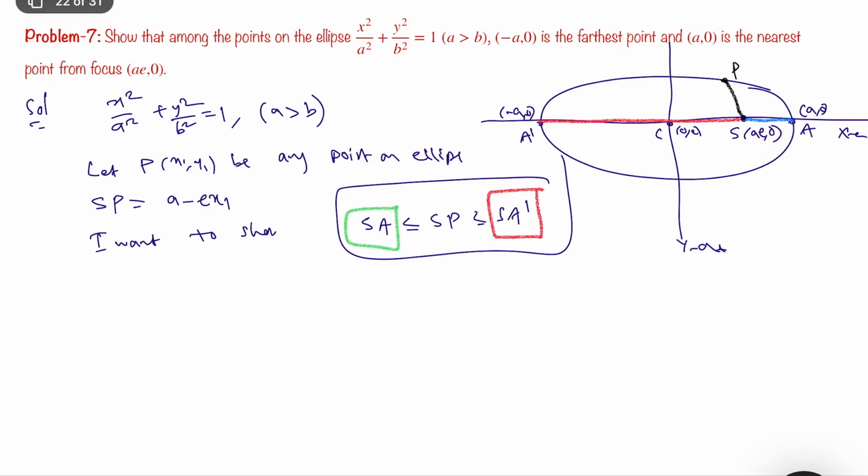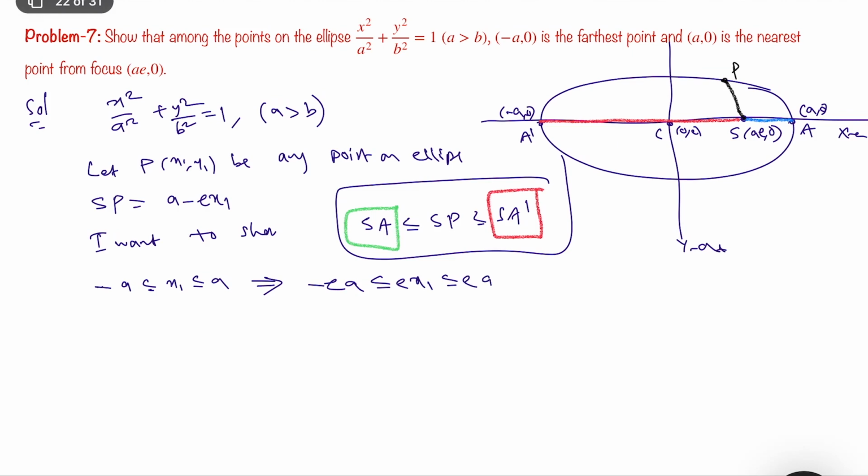Okay, fine. Since (x1, y1) is a point on the ellipse, and the ellipse is a bounded curve, here x1 must be between minus a and a, right? Now, if I multiply each side by e, e is positive, so we have the same-sided inequality: minus ea is less than or equal to e x1 is less than or equal to ea.